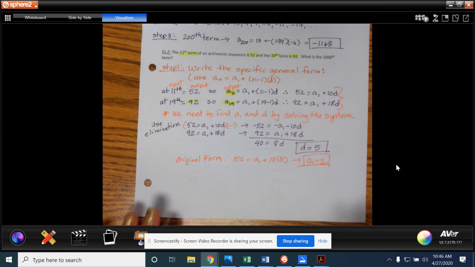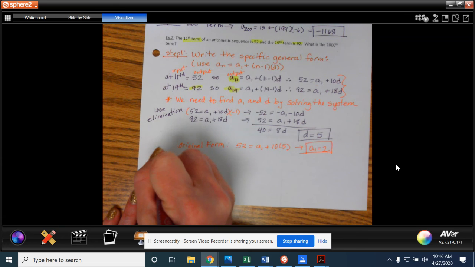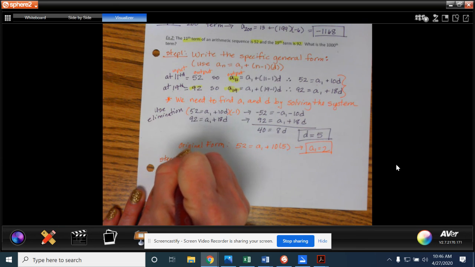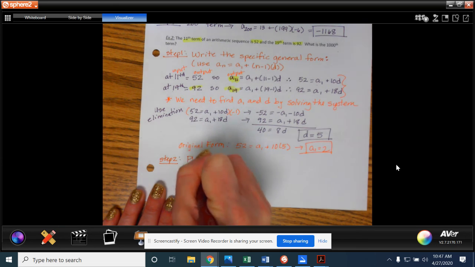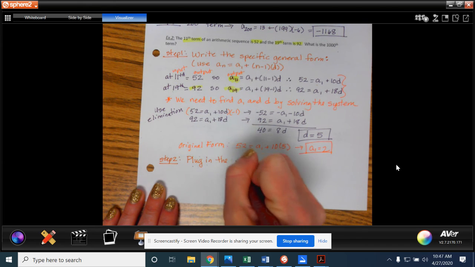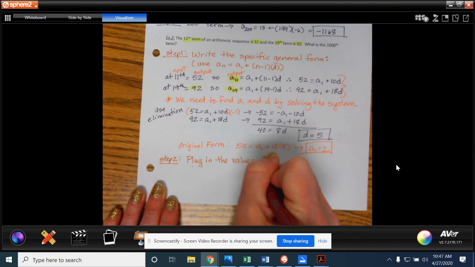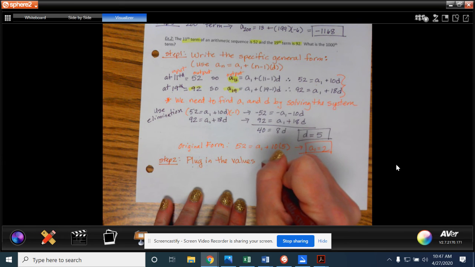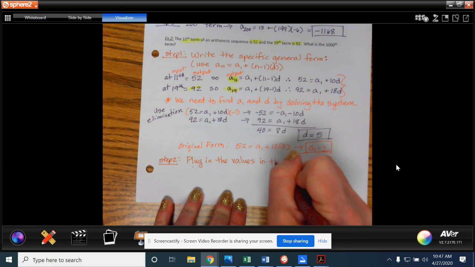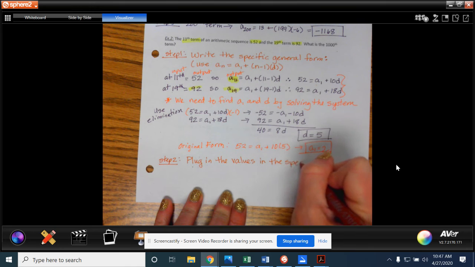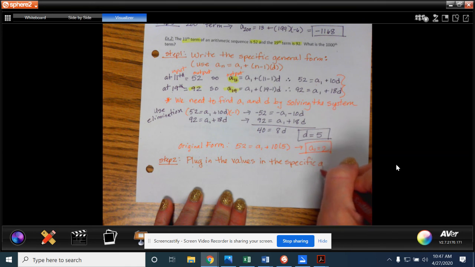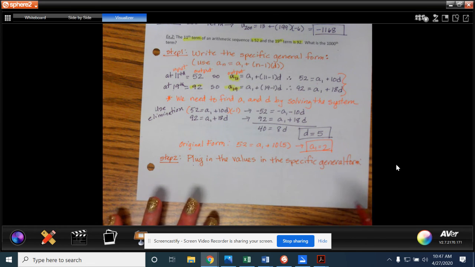So step 2 is to just plug in the values in the specific general form. Which, again, I'm only plugging back in my a of 1 and my d.